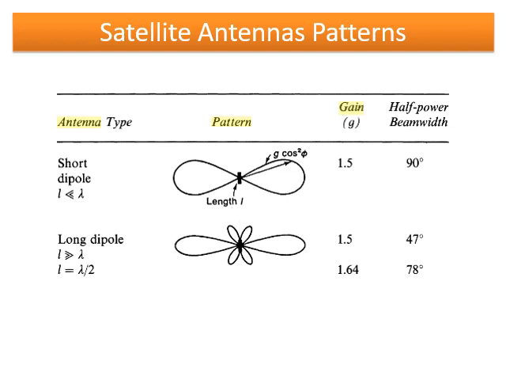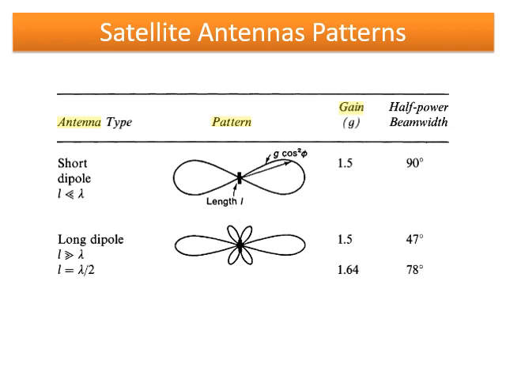Long dipole, wherein length L should be much greater than lambda, or we can say L is equal to lambda by 2. So here again we will get two major lobes back to back and some side lobes.